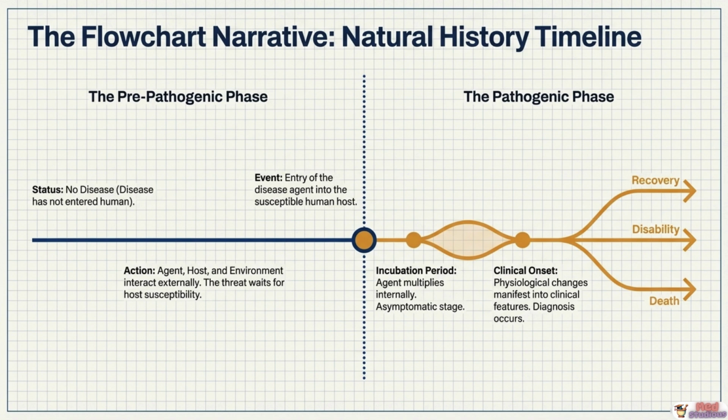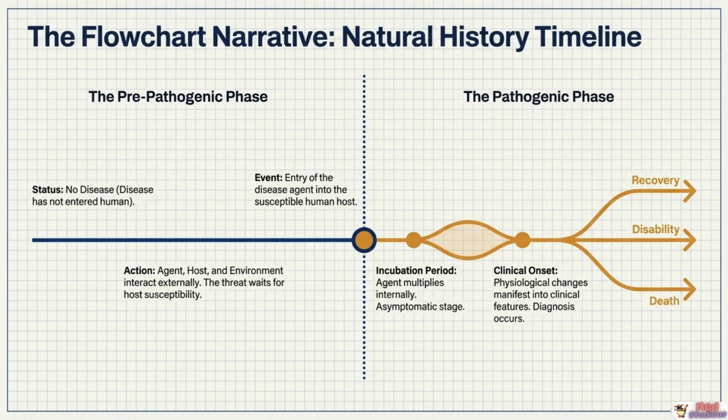The agent exists in the environment, the host is susceptible, and the environmental conditions are facilitating their interaction. The triad is active, but the threshold of entry has not yet been crossed. This is the phase during which primordial and primary prevention interventions have their greatest effect. Because the agent has not yet invaded, the disease can still be prevented entirely.